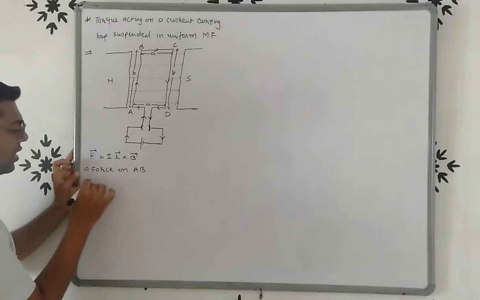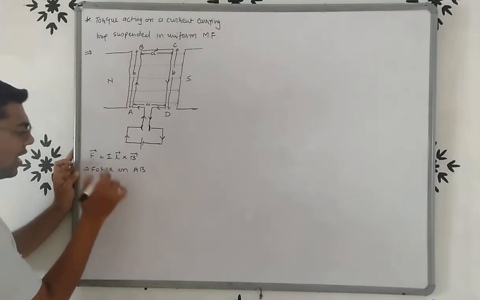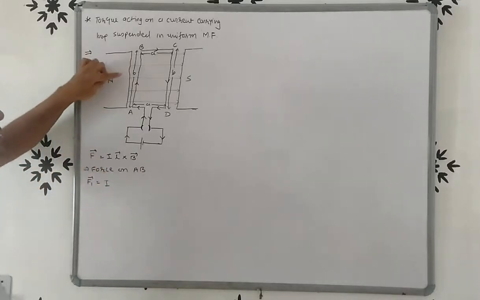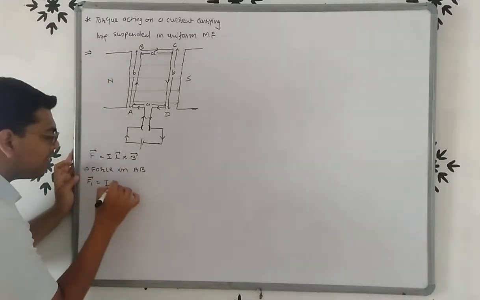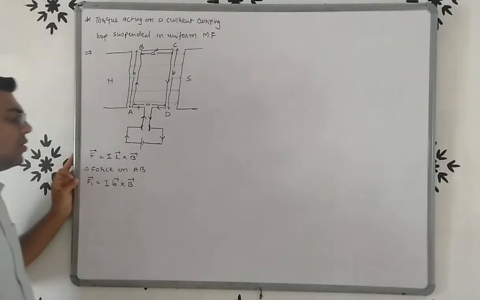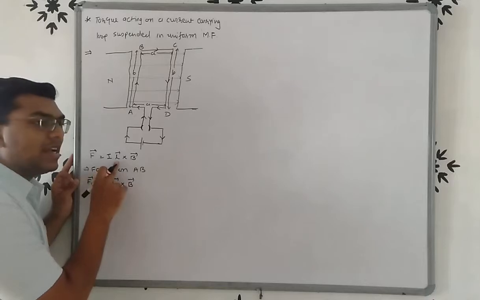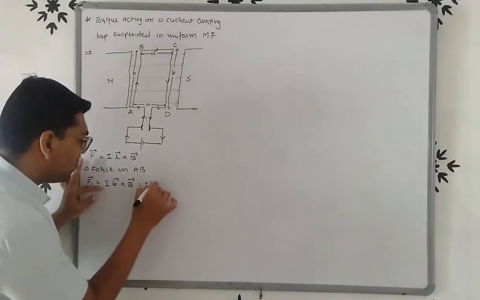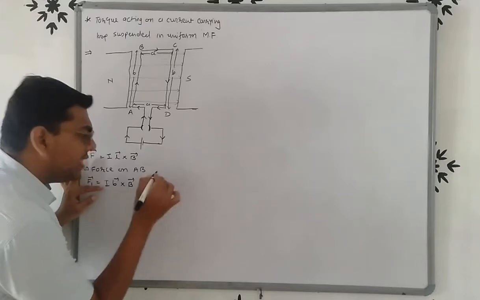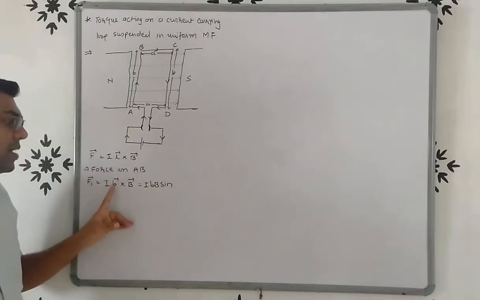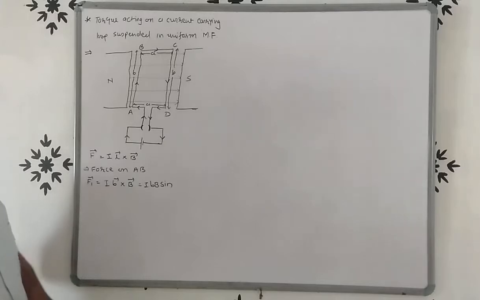Now the force on AB. Here the force on AB, F1, is equal to I L cross B, but here the length of AB is small b, so instead of L we write I small b cross capital B. We know that vector A cross vector B is equal to AB sin theta. So here I small b capital B sin theta. Theta is the angle between small b, that is the length, and capital B, the magnetic field.